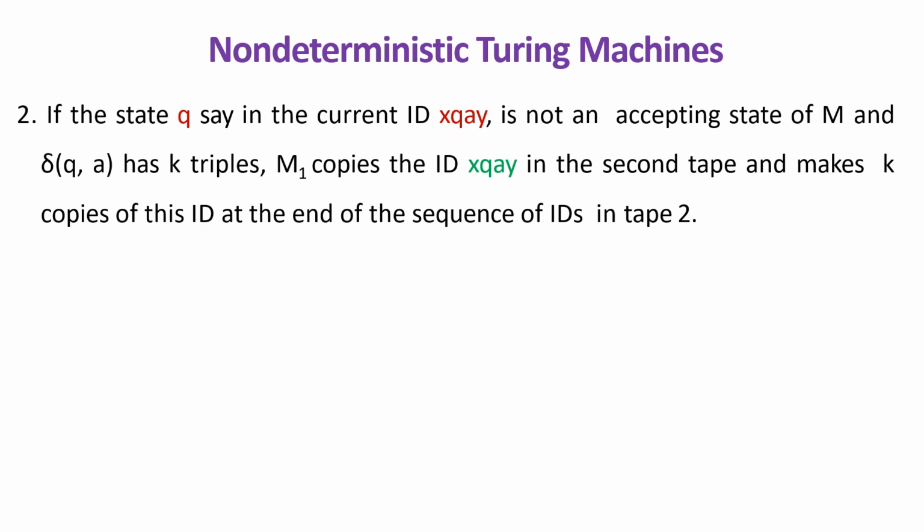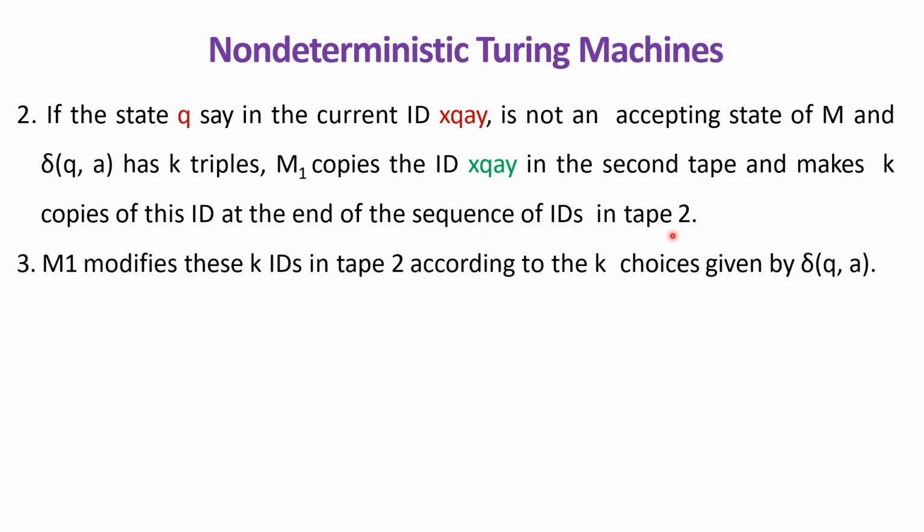In the next step, if the state Q, say in the current ID XQAY, is not an accepting state of M and delta of Q, A has K triples, M1 copies the ID XQAY in the second tape and makes K copies of this ID at the end of the sequence of IDs in tape 2.